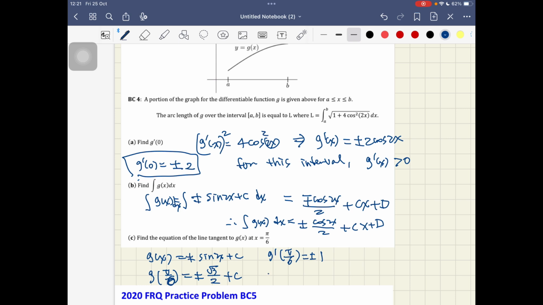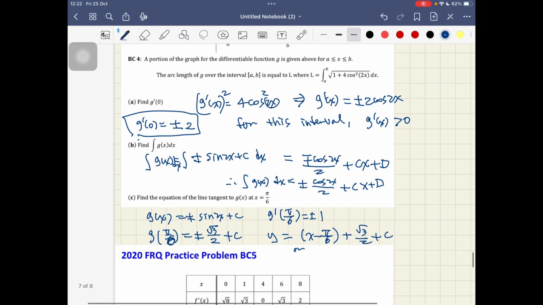So therefore y equals 1 times x minus pi over 6 plus square root 3 over 2 plus c, or y equals negative x minus pi over 6 minus square root 3 over 2 plus c.